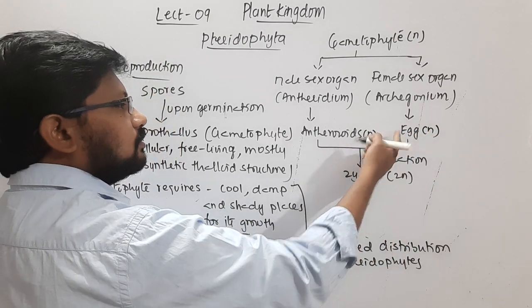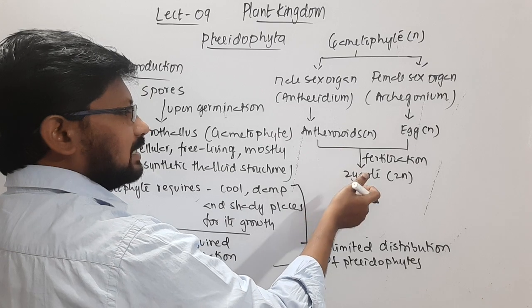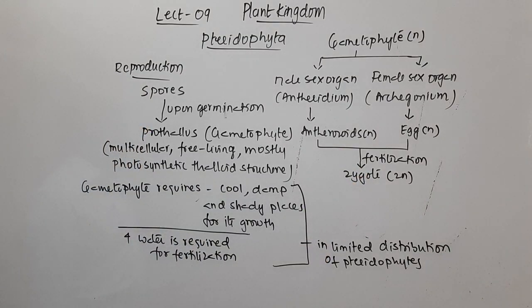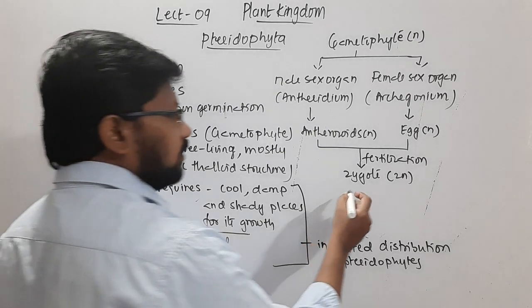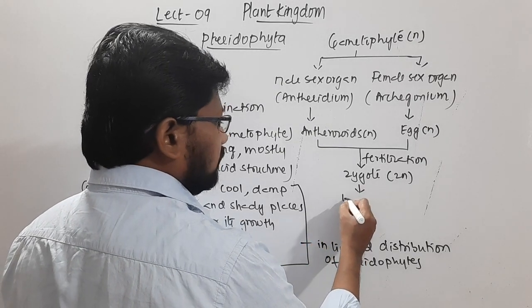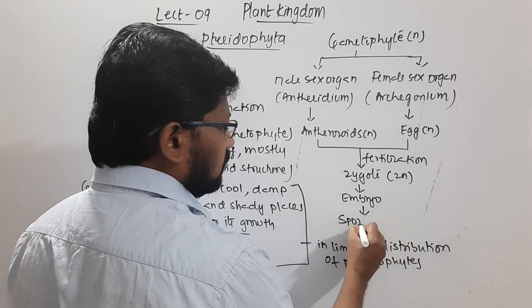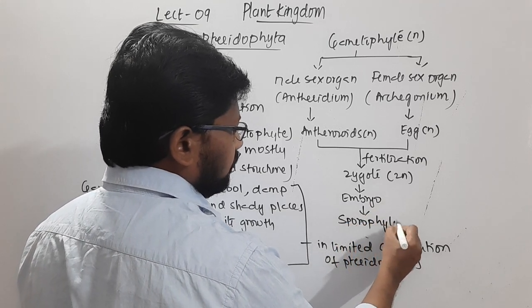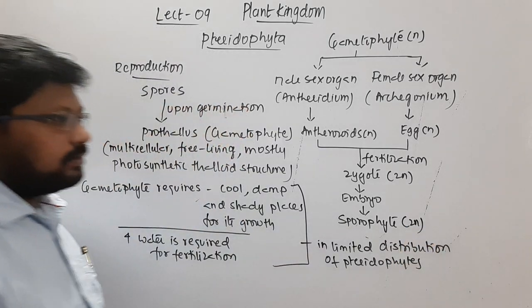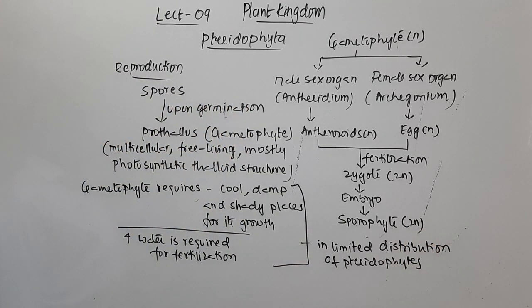Two haploid cells united and resulted in the formation of the zygote. This zygote will develop into a multicellular and well differentiated sporophyte. Later it develops into an embryo, and then into the sporophyte. So this 2n will develop into the sporophyte.